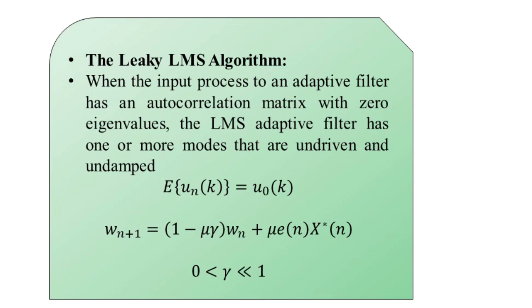Now you see the properties of the Leaky LMS algorithm may be derived by examining the behavior of the estimate of the weight vector that we have denoted by E[w_n] here.